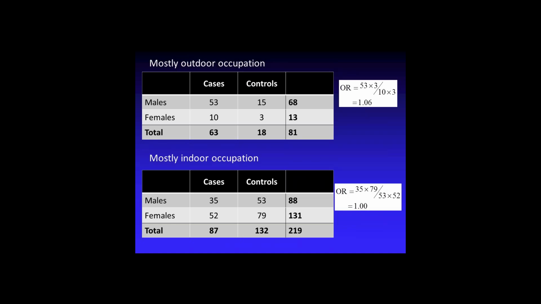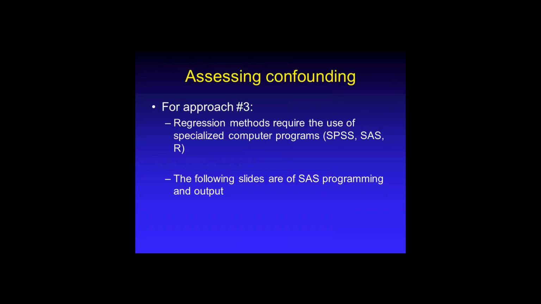And when we do that, what do we see? The association is 1.06 and 1.00. If we were to throw this into a model, we would see that the association is probably going to be closer to 1.00. It might be 1.02. So by adjusting for working in a mostly outdoor occupation, that 71% increase in the risk of malarial infection went down.